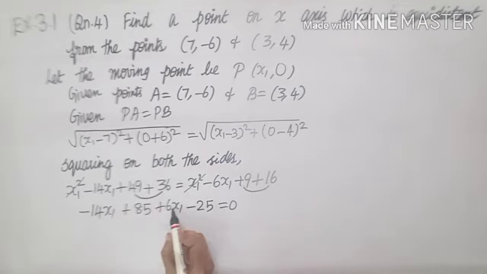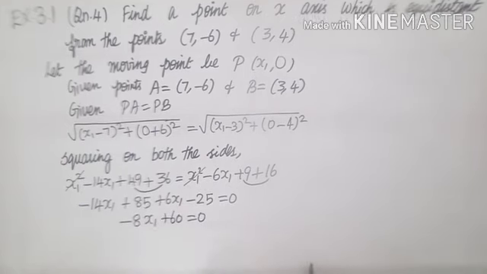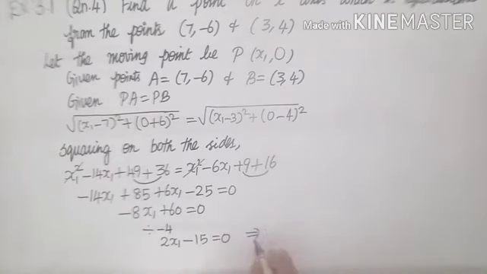Minus 14x1 plus 6x1, minus 8x1, 85 minus 25, plus 60 equal to 0. Simplifying this answer, dividing by minus 4, it is 2x1 minus 15 equal to 0. 2x1 equals 15, or x1 equals 15 by 2.